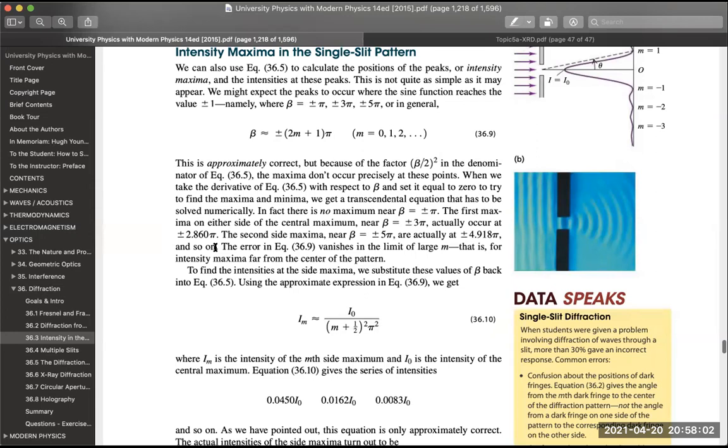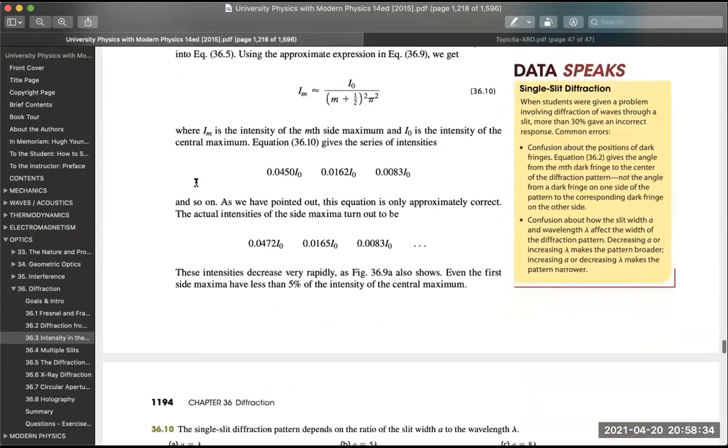As theta increases, as the order of the maximum increases, our intuition about multiples of pi lines up better and better with the data. And so on.